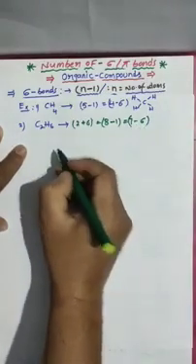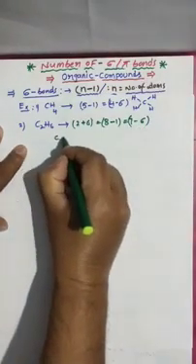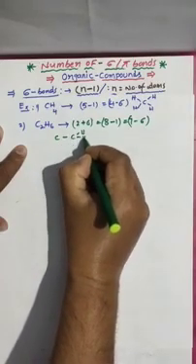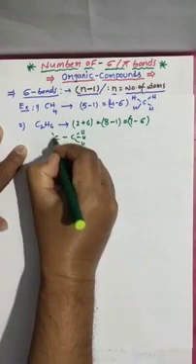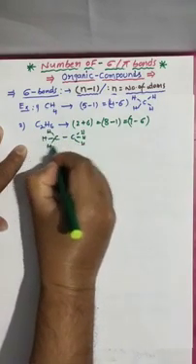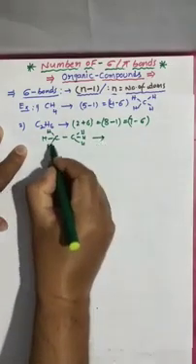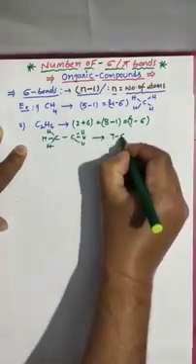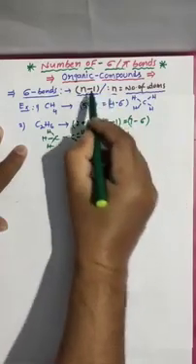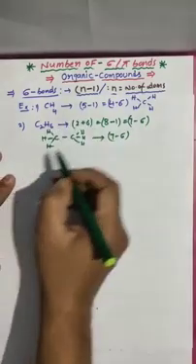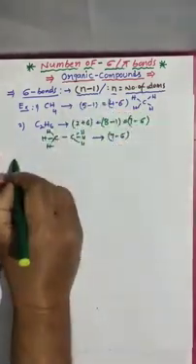Let me cross check this. C, single bond C, 3 hydrogens here and 3 hydrogens here. Calculate 1, 2, 3, 4, 5, 6, 7. 7 sigma. So our formula is working here. This is the method to calculate sigma bonds.